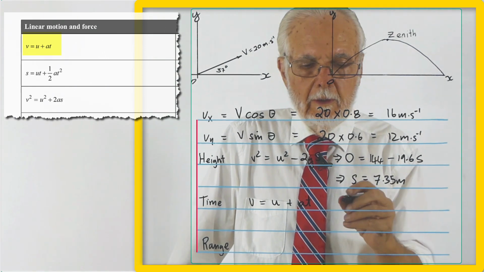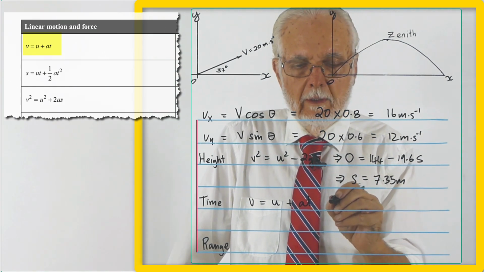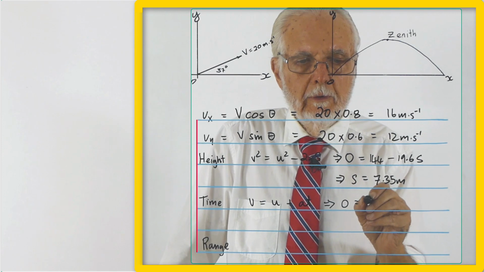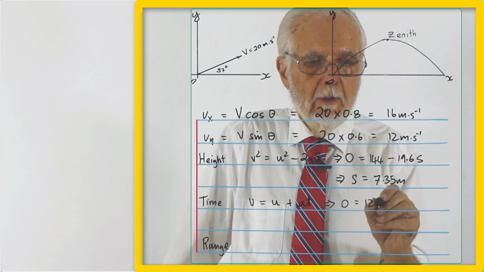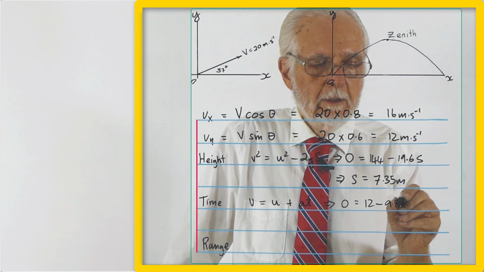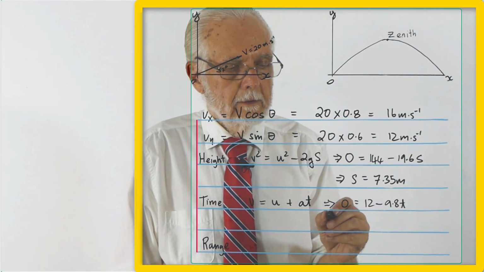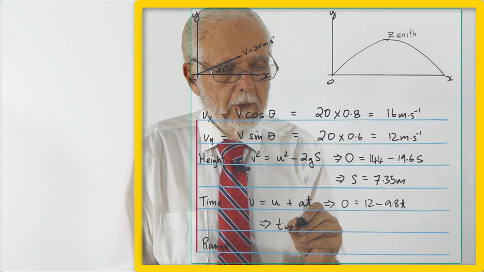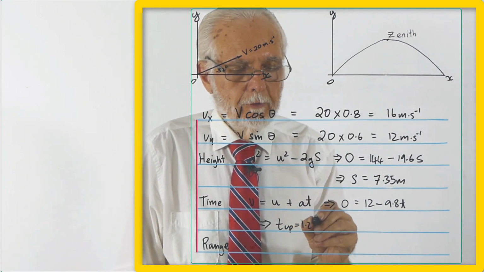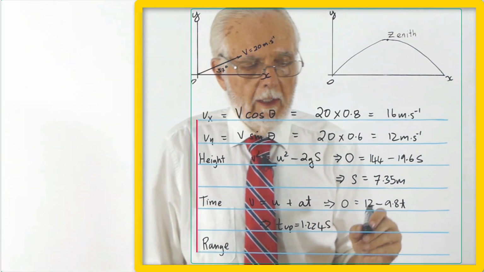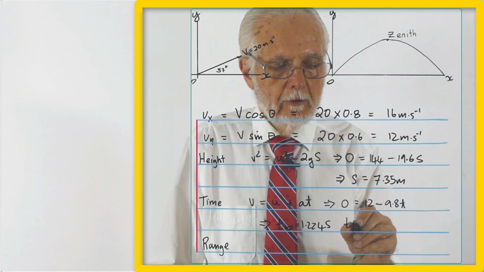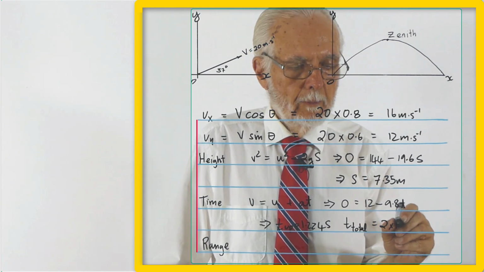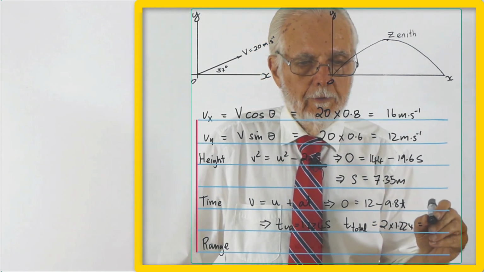Since the projectile will be stationary at the zenith, the implication there is that 0 will be equal to 12, vertical velocity, minus 9.8 t, which implies further t up is going to be equal to 1.224 seconds, and t total will be twice that, so t total is going to be equal to 2 times 1.224, which is equal to 2.45 seconds.